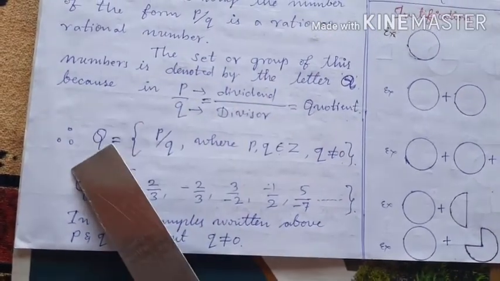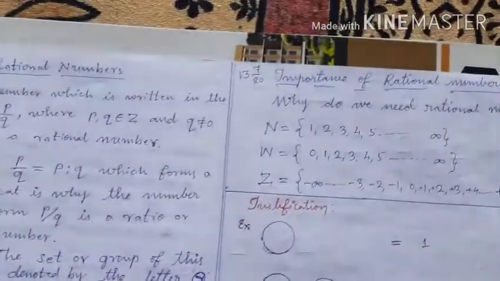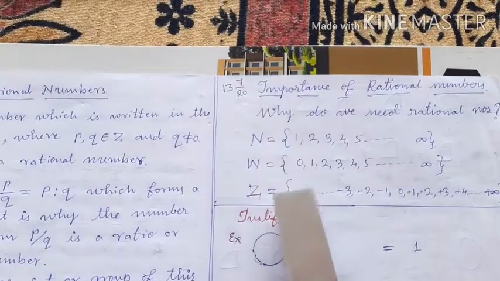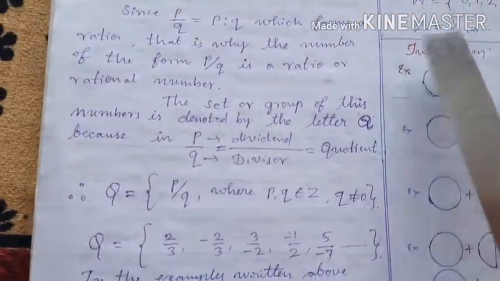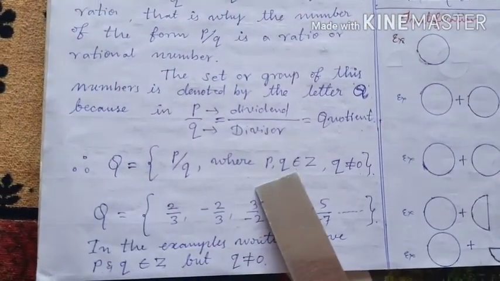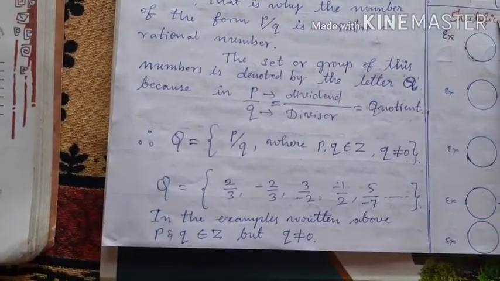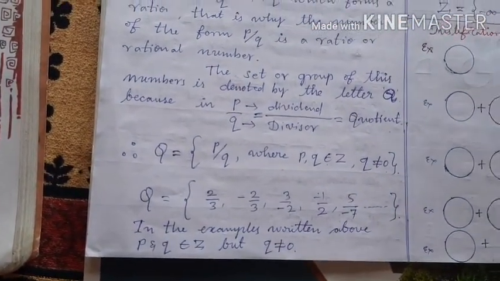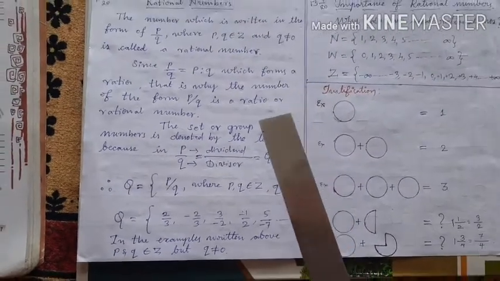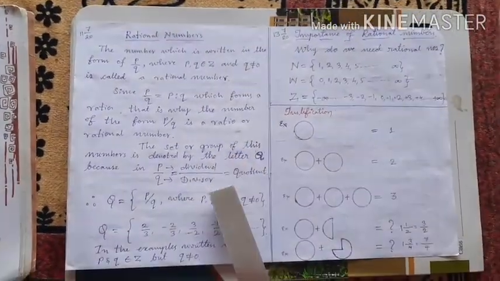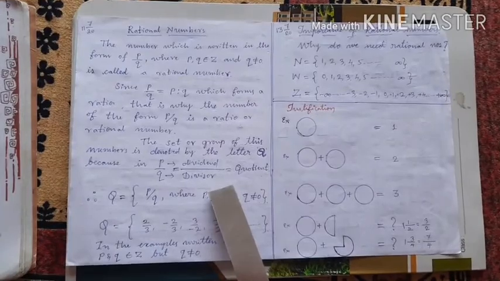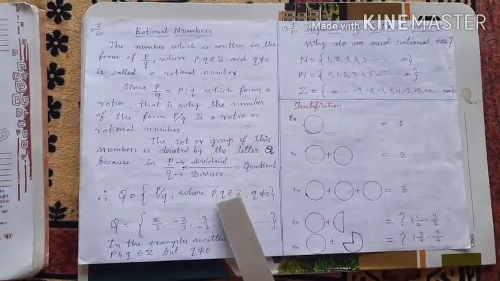And if you compare the rational number group and the integer group, the rational number group is greater than the whole number, natural number and integer group. And if you compare the group of real numbers, children, this is the biggest group of all the groups of numbers that we have discussed so far.